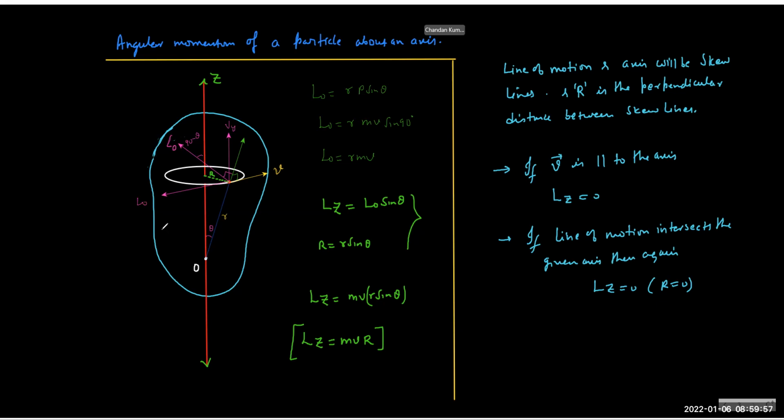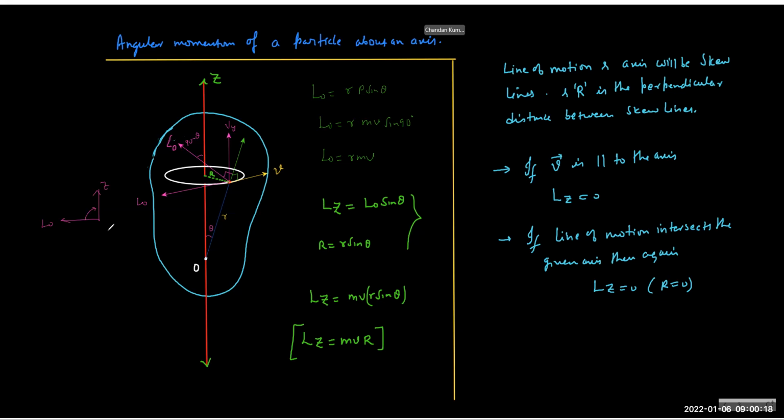And the problem is that if the L itself is perpendicular to the axis, then the component will be zero. Because if two vectors are mutually perpendicular, then they cannot have component here. So that is a simple idea of why we say so.